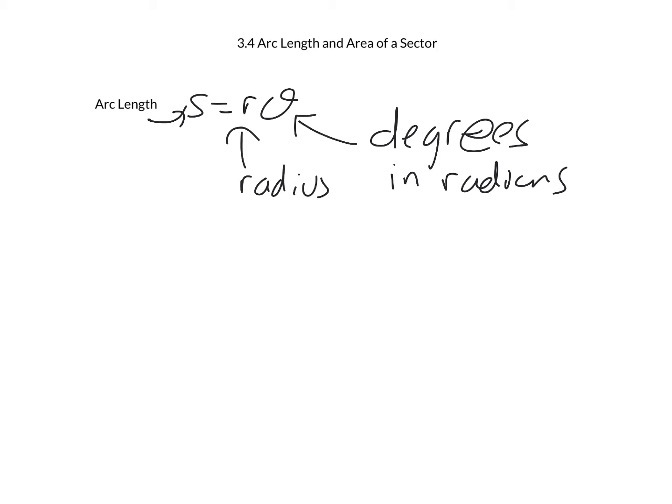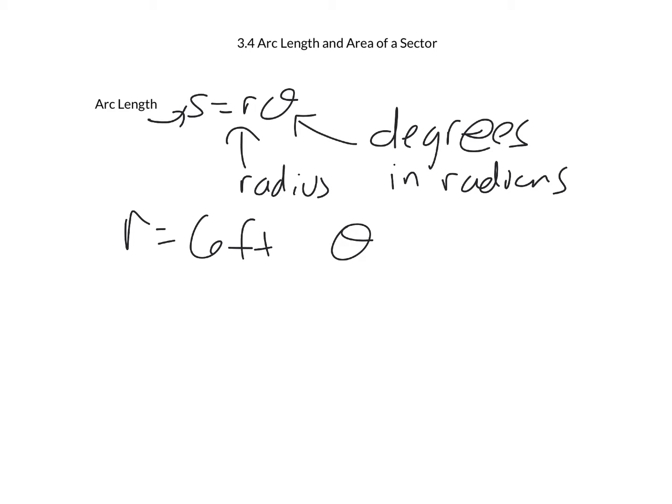Let's do a basic one. Even though we've done this in the past, I know you've seen this, but we're going to roll with it. Let's say you have a radius of 6 feet. And I just realized something. It's not degrees in radians. That makes no sense.